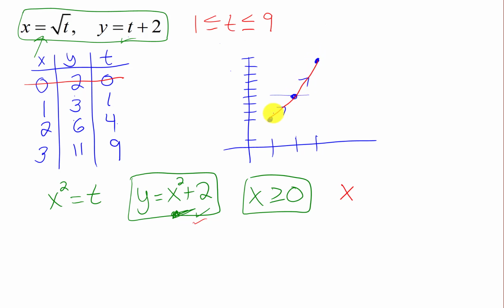So it would just be this little piece. And so if I was listing the restrictions so that when I eliminated the parameter I would end up getting the same graph, it's y equals x squared plus 2, but we would only take it where the x was in between 1 and 3, because when the x is 3, that's when we'd get this endpoint of 9.